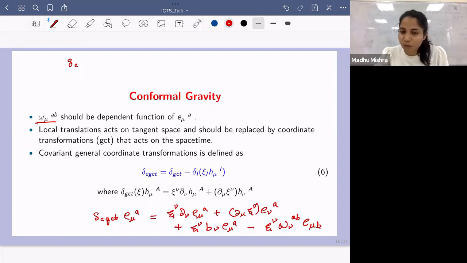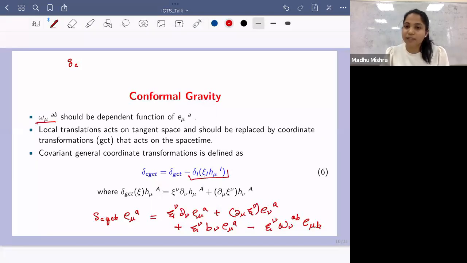Yeah, they are local symmetries, and by covariant general coordinate transformation, what I mean is that in this setup we have conformal symmetries as well. It's not just Poincare symmetries. So to capture these other symmetries also, we have to include this term.